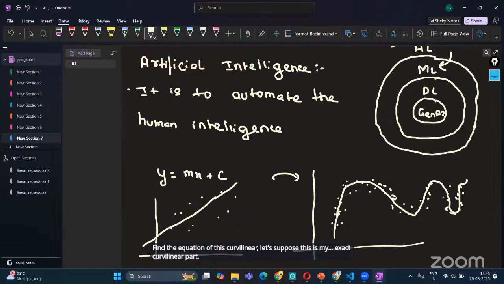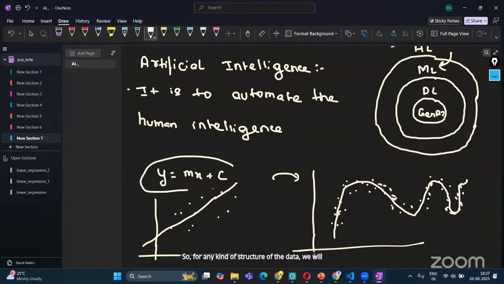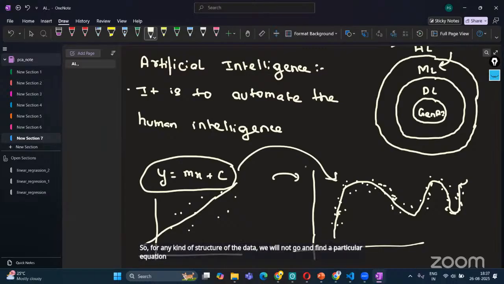It is very complex to find, and we don't have an exact equation for it. We can get any kind of structure of the data, so for any kind of structure we will not go and find a particular equation to solve this problem. To resolve this issue, we came up with the solution of ML.